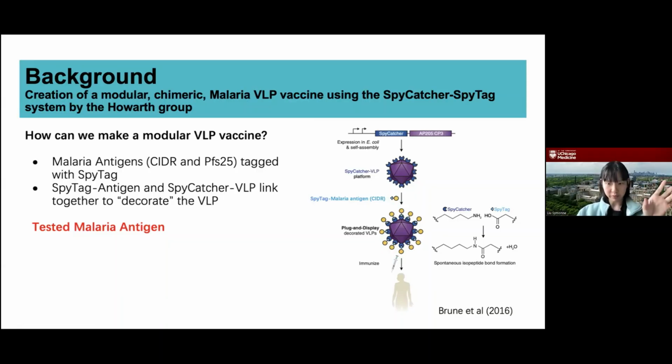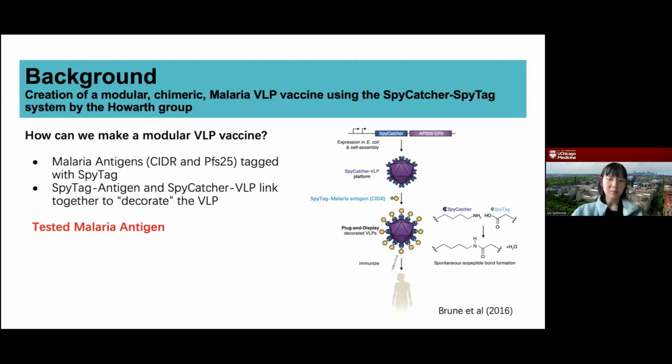And on top of that platform, they fuse SpyTag with the malaria antigen. And this way, when they just mix two mixtures together, they're able to create these plug-in and display decorated VLPs that use essentially a viral base decorated with malaria antigens.